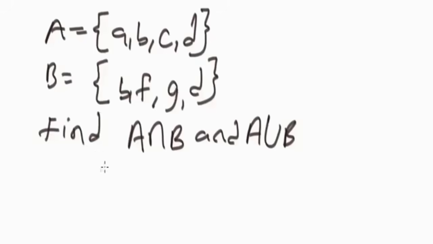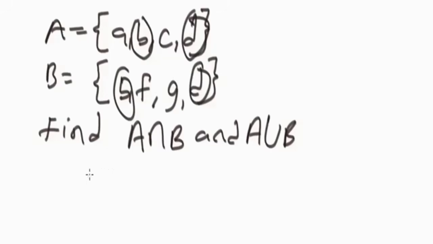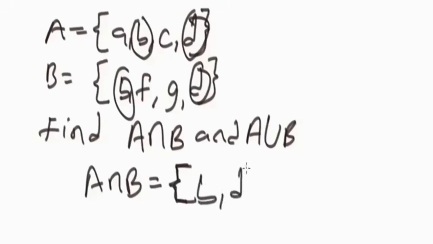A intersect B means that you should find the common values in both set A and set B. In set A we have B, and we also have B in set B. We have D in set A, and we also have D in set B. So A intersect B will be the common elements, which are B and D.